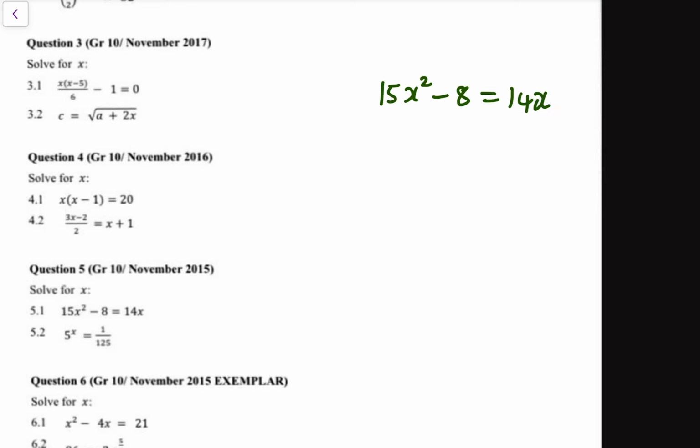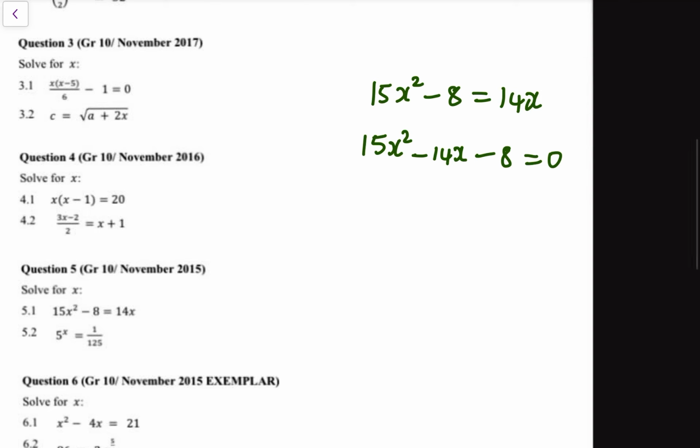Now we see that we need to write it in standard form first. So if I write it in standard form, I am going to have 15x squared minus 14x minus 8 is equal to 0. So I want to solve for x here.